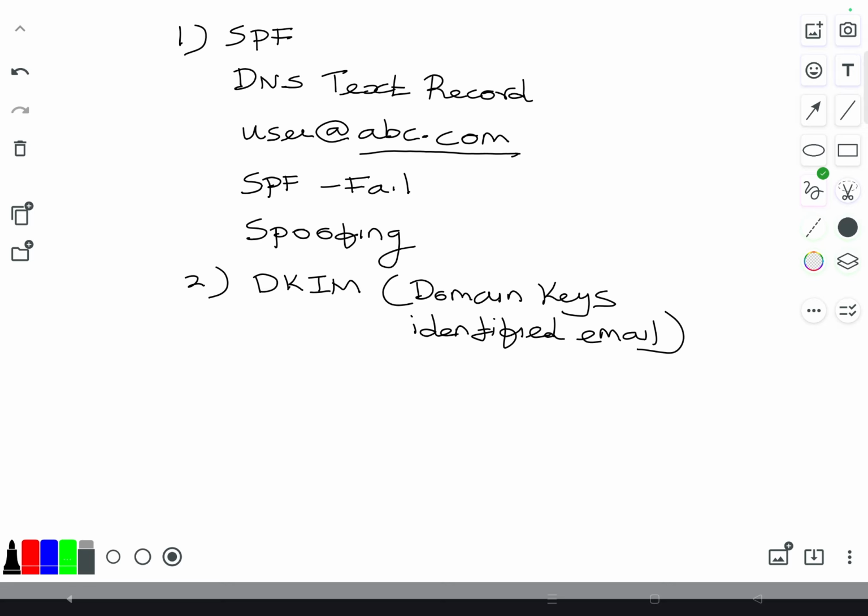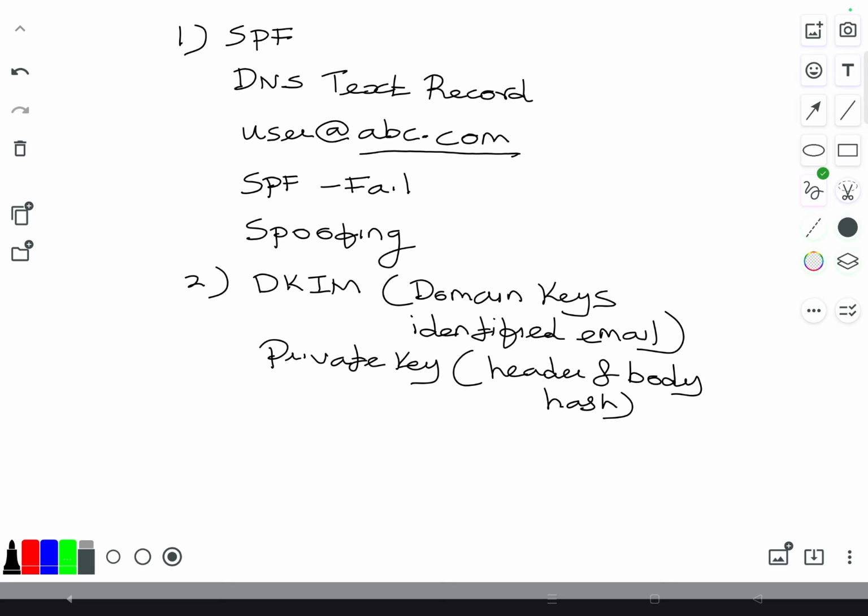So how does it work? Imagine the sending email server signs the specific header and body hash of the email using its private key. So the header and body hash is being signed.